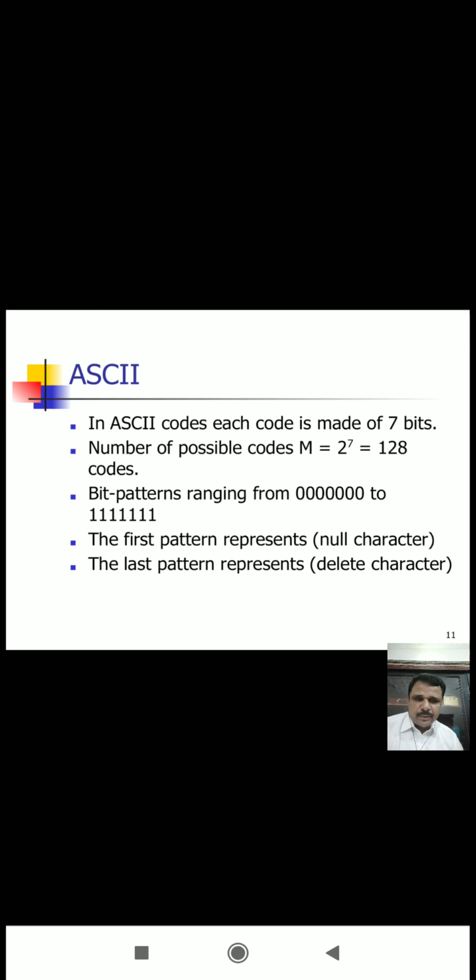I mean, when you press the delete button, the actual code which is generated is all 7 bits set to 1, that is 127 in decimal.